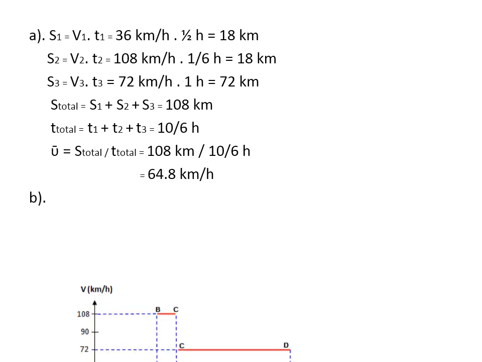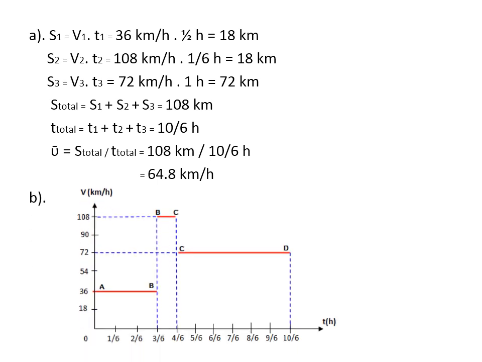And the graph for average velocity is the graph between velocity in kilometers per hour and time in hours.